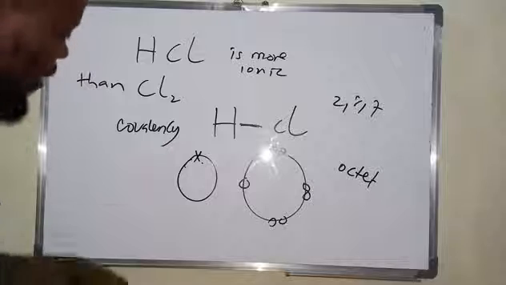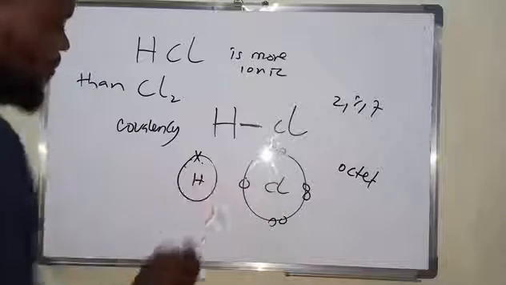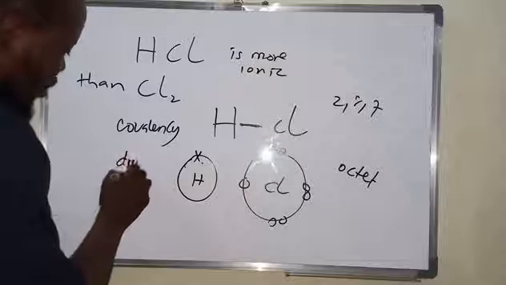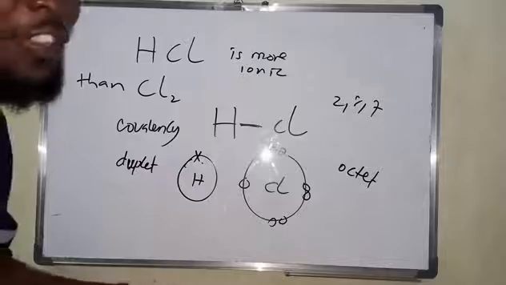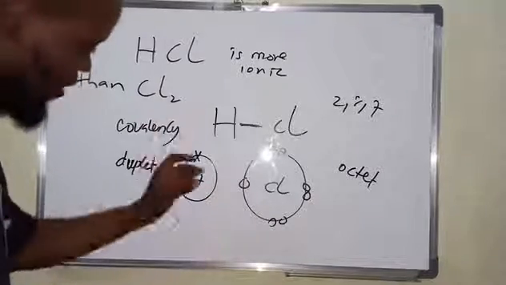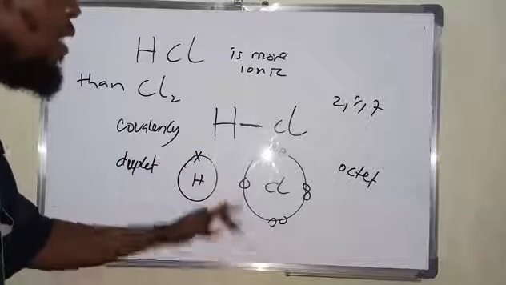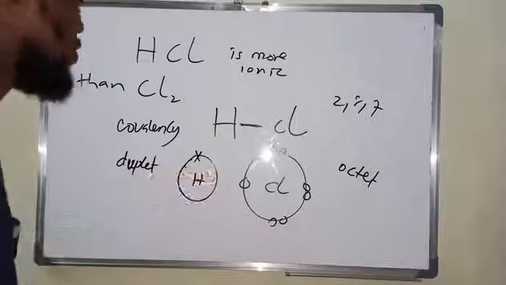In the case of hydrogen, hydrogen wants to attain the duplet structure, where it's the first and the only and the last shell, which can contain a maximum of 2. It wants to attain that maximum. You understand? That's what we call the duplet electronic structure.